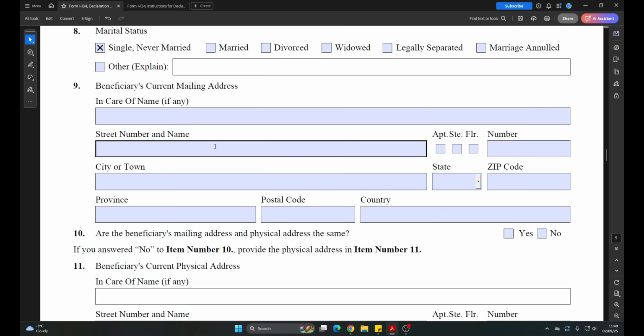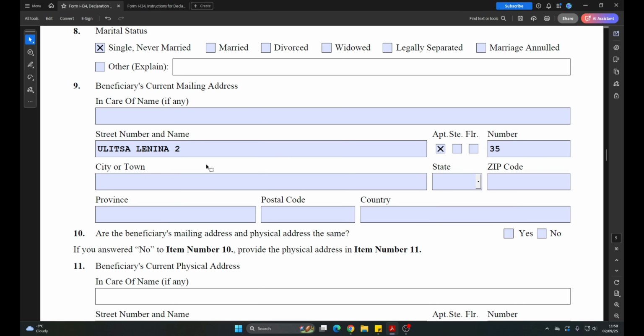And provide this person's current mailing address. And when it comes to writing foreign addresses in this line, you can either interpret the address, which means write it the way you would write it in English, or you can translate this address, which means you can literally, letter by letter, just translate the way their address actually is, but write them in English letters.